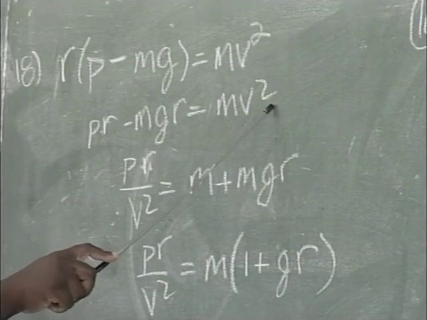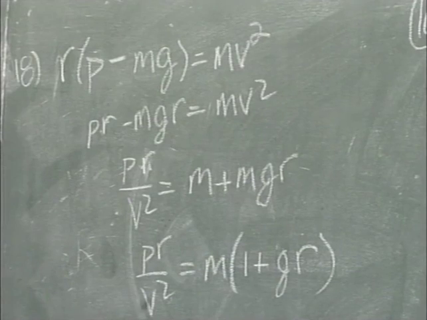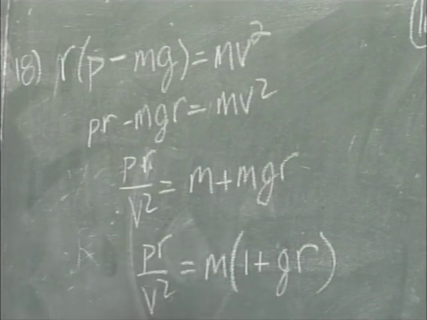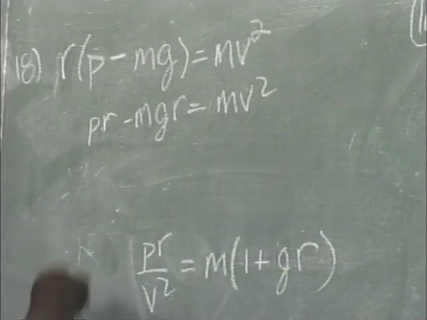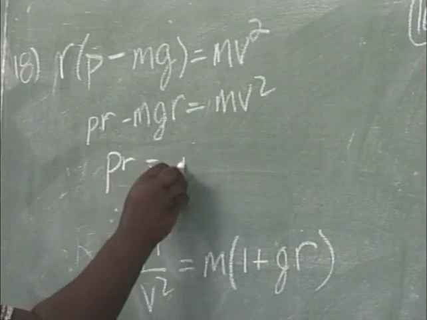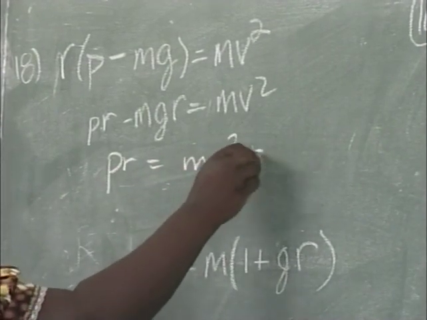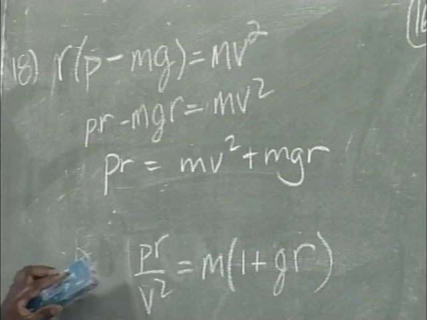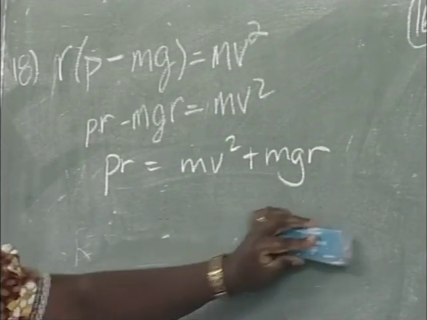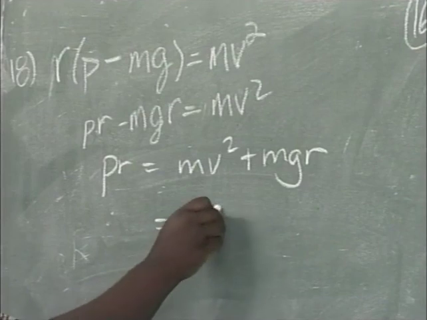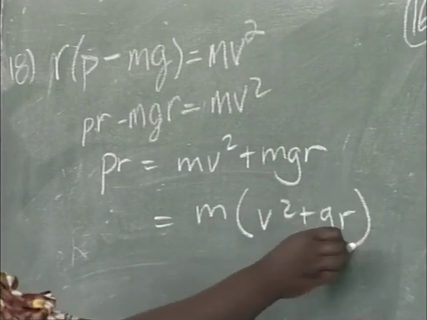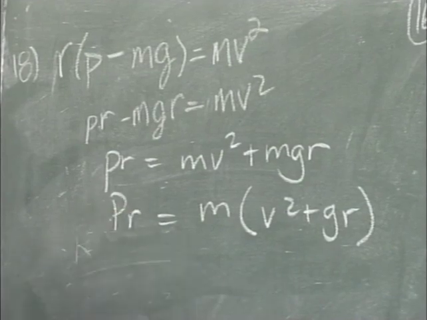Add MGR and then you factorize and get M. So the next step should be PR equals MV squared plus MGR. And then you take out M, you get M times V squared plus GR equals PR.